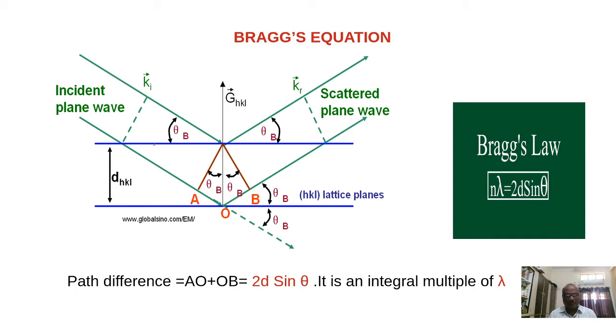If you add these two distances, AO plus OB is equal to 2d sine theta. It must be equal to n lambda. This is about Bragg's equation. What is the use of Bragg's equation? We can find the interplanar distance.